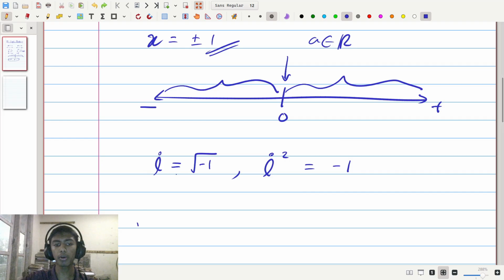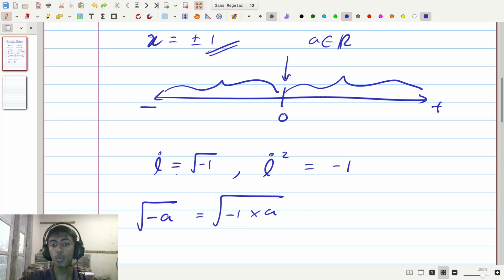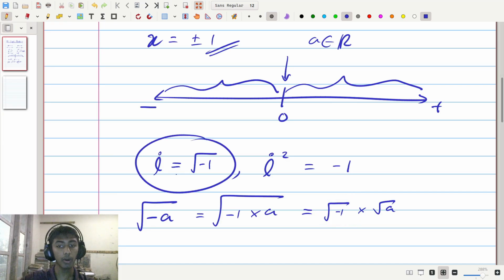Consider a general square root of a negative number as the square root of negative a. In this case, the square root of negative a is equal to the square root of negative 1 times a. Let's assume that a is a positive number, in which case this is equal to the square root of negative 1 times the square root of a. Now, the square root of negative 1, as we defined above, is equal to i.